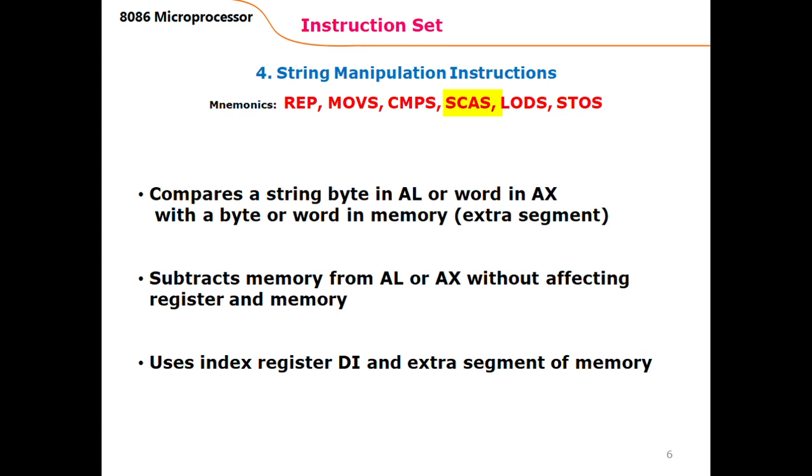So actually it is subtracting the memory byte or the memory word from AL if it is a byte, or it subtracts the memory word from AX. This instruction also uses index register DI that provides the offset address for the extra segment of the memory.